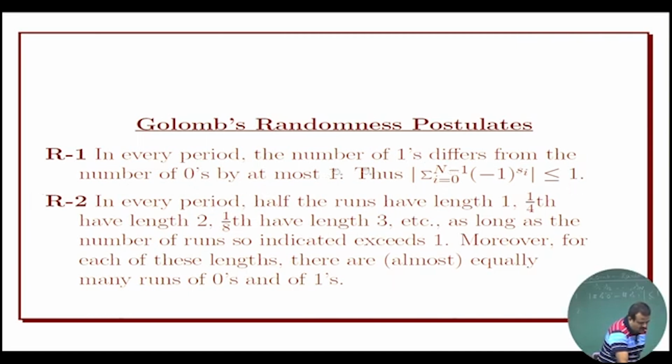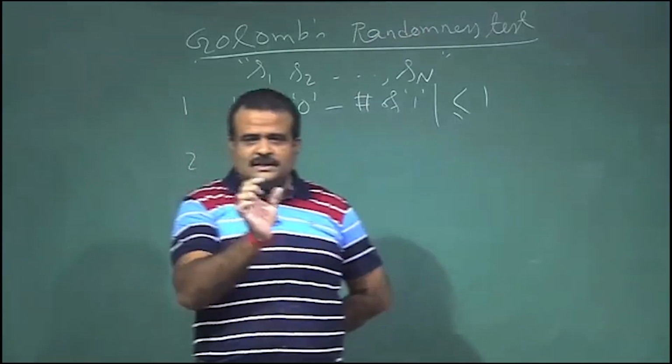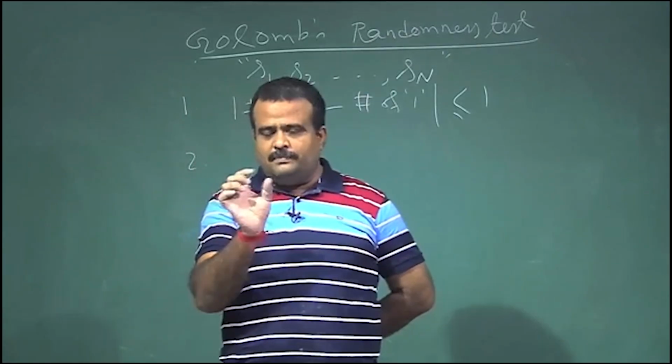And if we consider the runs, in every period half of the runs should have length 1, 1/4 of the runs should have length 2, 1/8 should have length 3, and so on. So, this is the second condition. This is about the runs of a sequence. A run means consecutive bits.